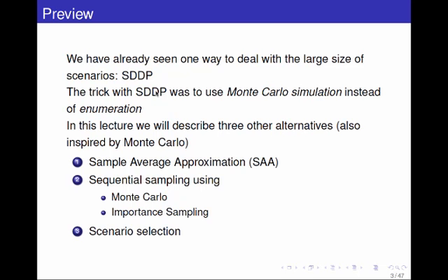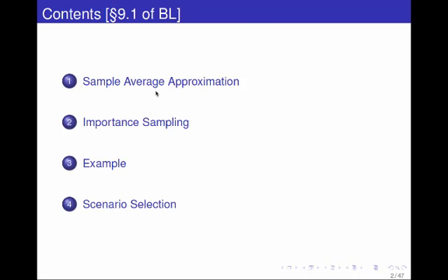So what I'm going to show you today are a couple of different variants that are all inspired by simulation. So there's a couple of different variations, and we'll see them today. In particular, we're going to see sample average approximation, which, if I'm not mistaken, was, if not proposed by Shapiro, definitely analyzed by Shapiro.